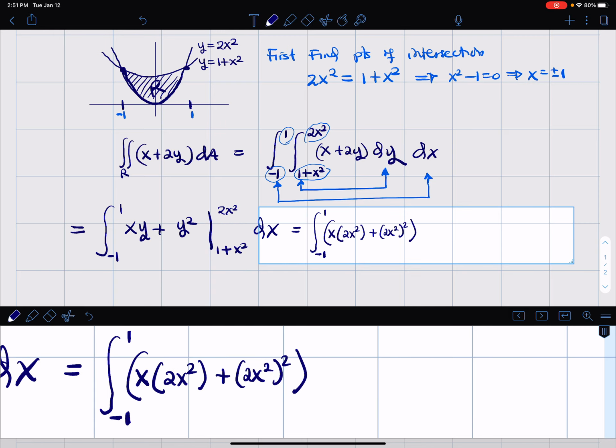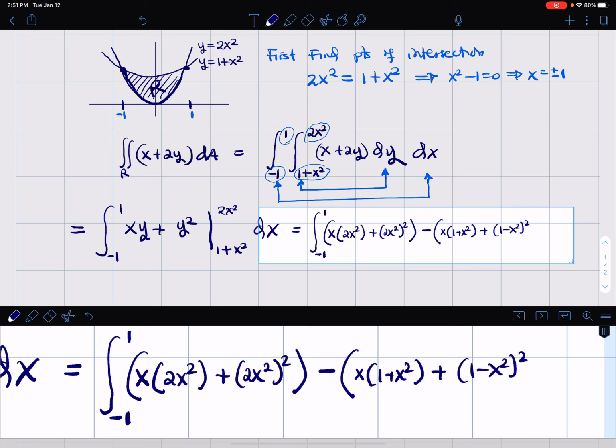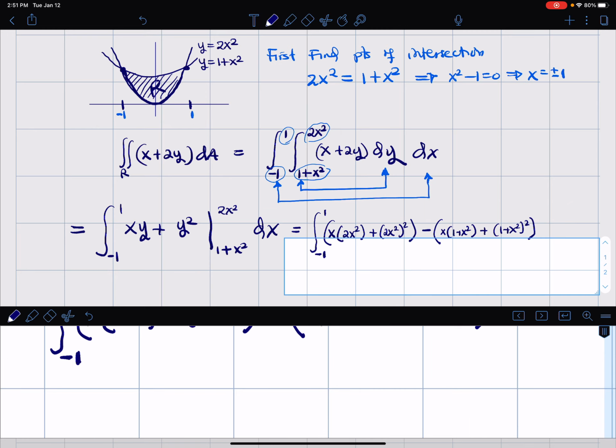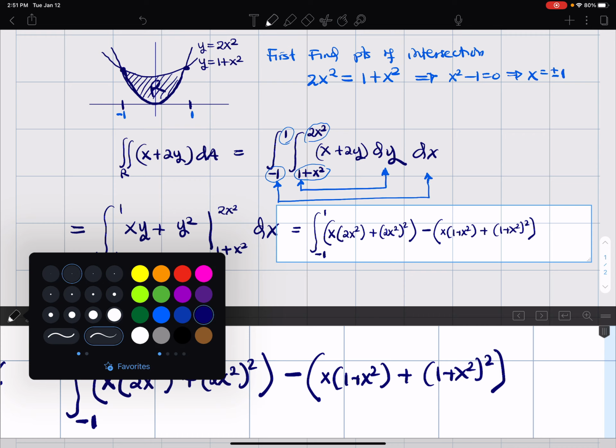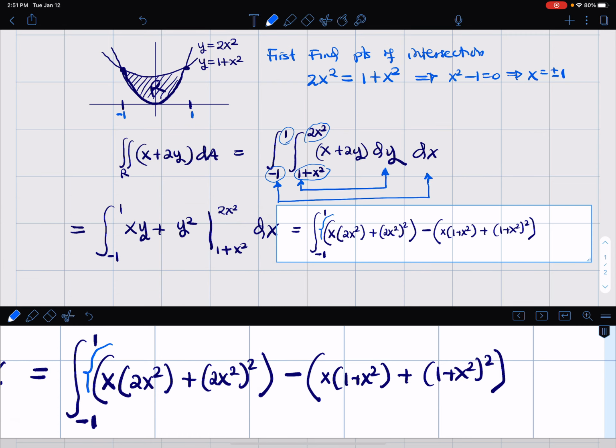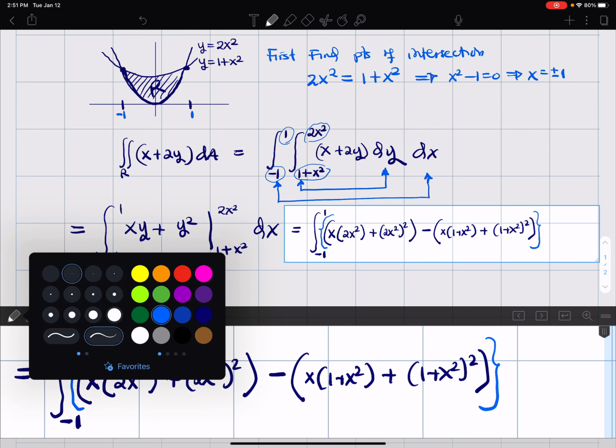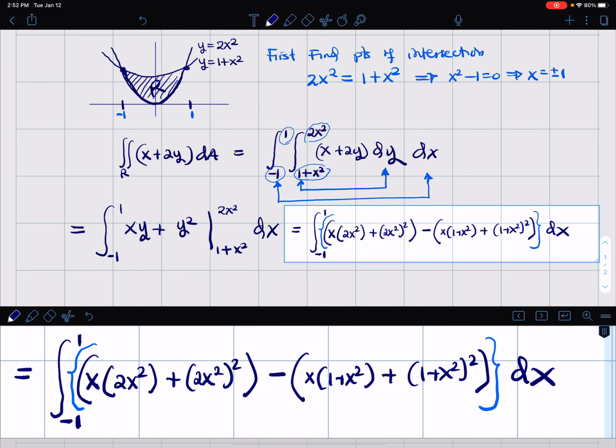Okay, and then we're going to subtract. You now plug in 1 plus x squared, so x times 1 plus x squared plus 1 plus x squared squared. So this is kind of some giant polynomial, and then you still have your dx.